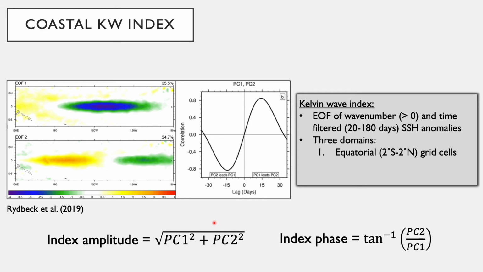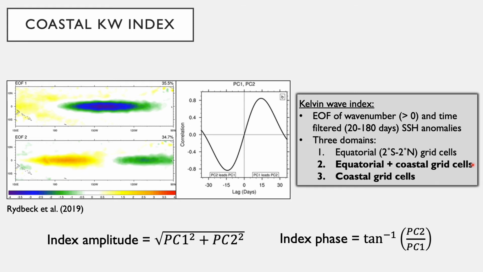And so what we're going to do here is extend this analysis to not only include the equatorial strip, but also coastal grid cells in our GLORYS ocean reanalysis. So we're going to repeat the EOF analysis in 2 additional domains, one including the entire Kelvin wave pathway that you saw on the previous slide, all the way from the western equatorial Pacific to the Gulf of Alaska. And then again, we're going to repeat this analysis using only coastal grid cells.